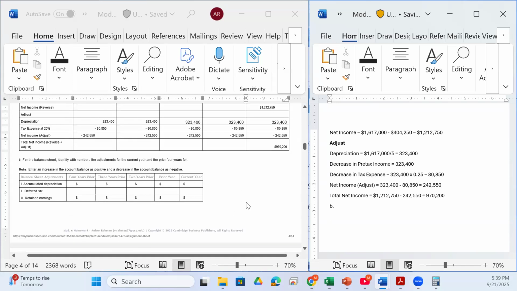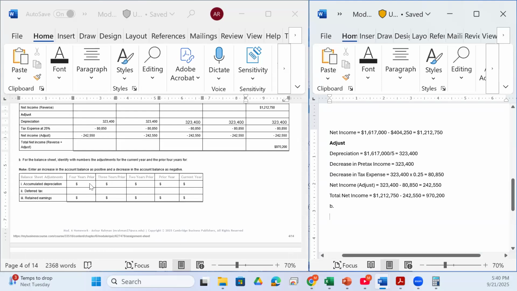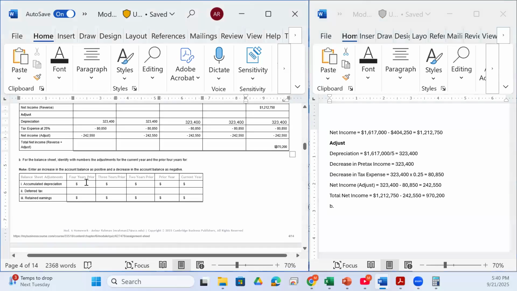Okay, so in case of balance sheet, what happens? We decrease the value of an asset by the accumulated depreciation, right? So in the first year, our accumulated depreciation was increased by this amount. In the first year, meaning 4 years prior.